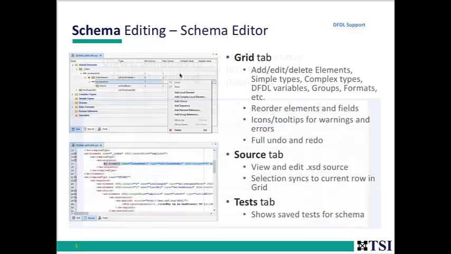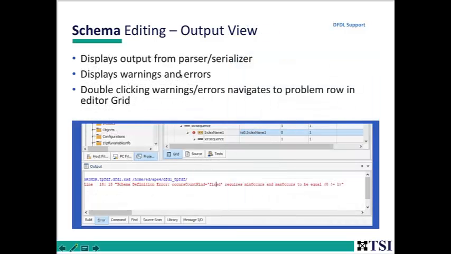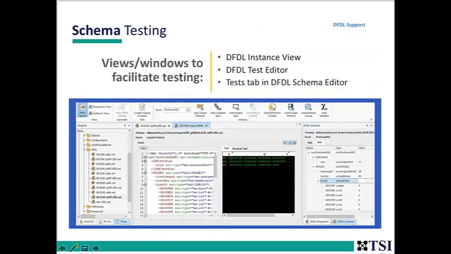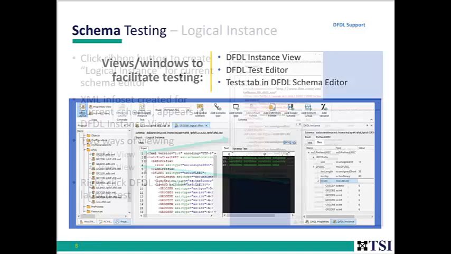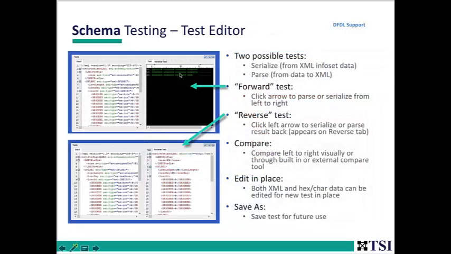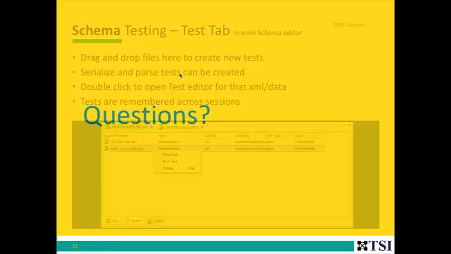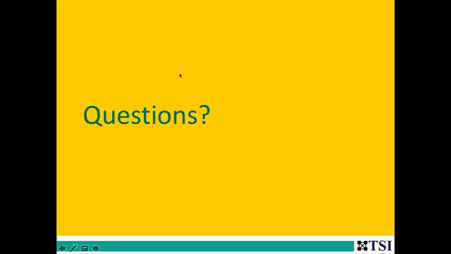There's the editing, and the properties view, and the output view where you can double click, and the testing, and logical instance, and the test editor. Okay, so I think we've covered everything. So if there are any questions, I'd be happy to try to answer them if I can.